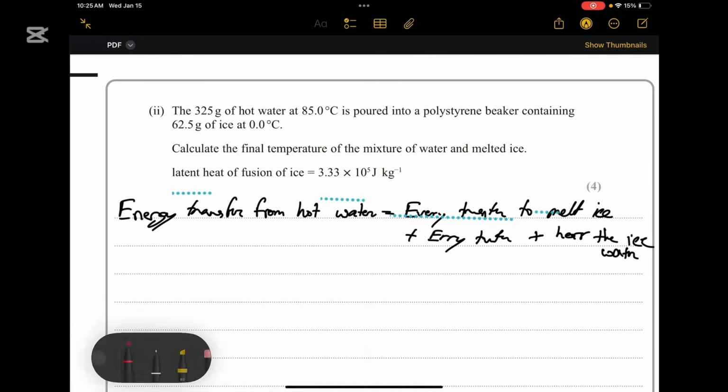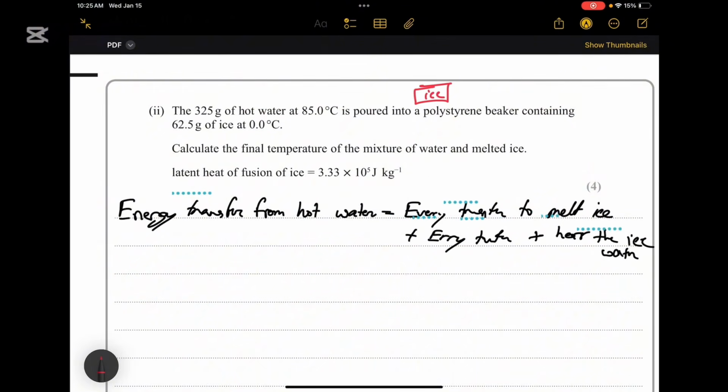Let's say here is cold ice and here is some hot water that we will pour in. What will this hot water do? The hot water's temperature will decrease and the ice's temperature will increase. As the hot water is poured in, the ice will first melt. You cannot increase the temperature of the ice, right? There is no hot ice, there is hot water.